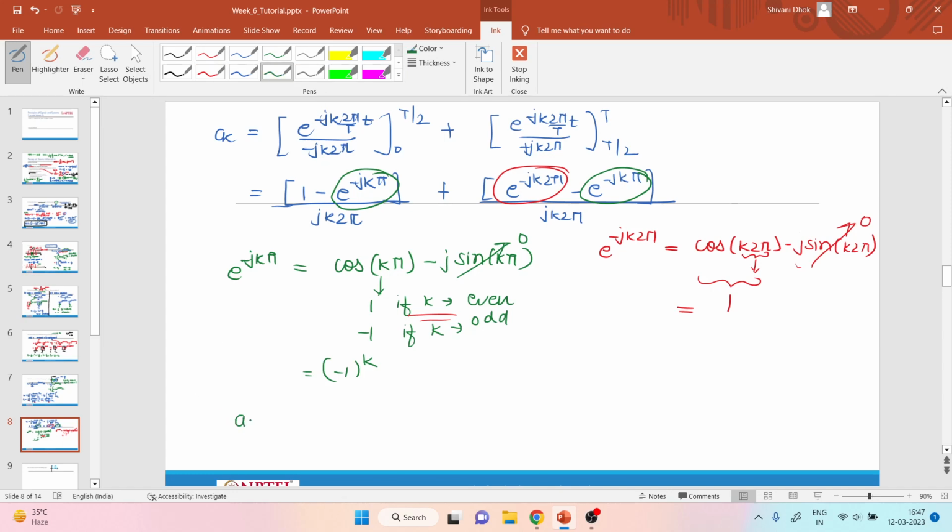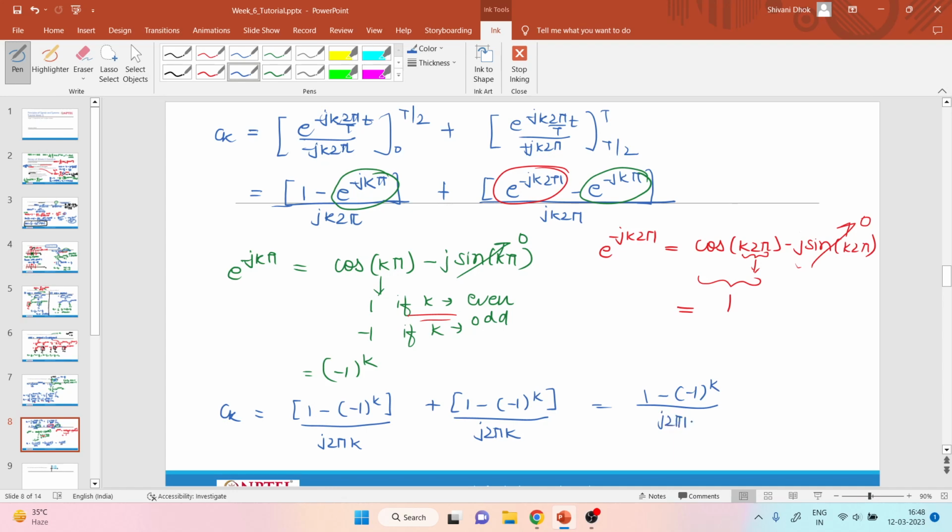So we have ck is equal to 1 minus minus 1 to the power k upon j 2 pi k, plus 1 minus minus 1 to the power k upon j 2 pi k, and this is equal to 1 minus minus 1 to the power k upon j pi k.